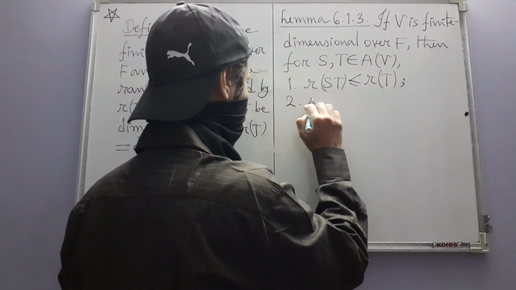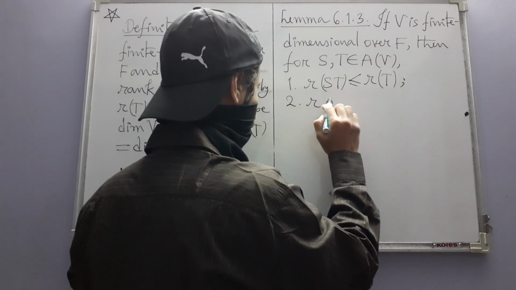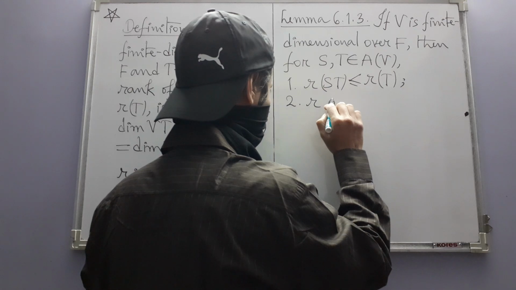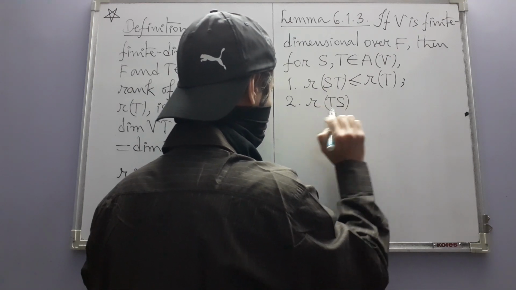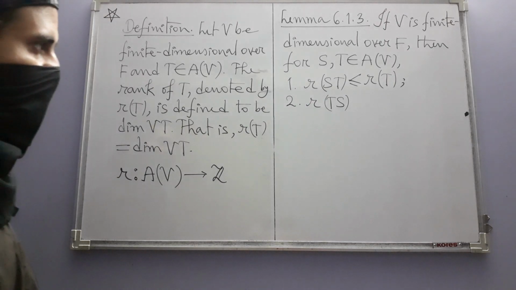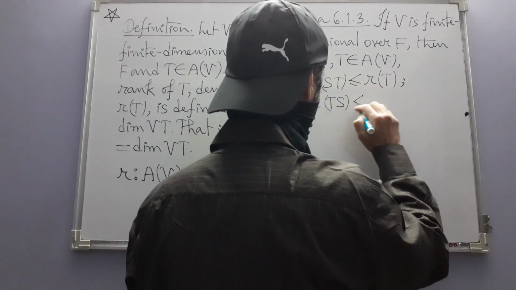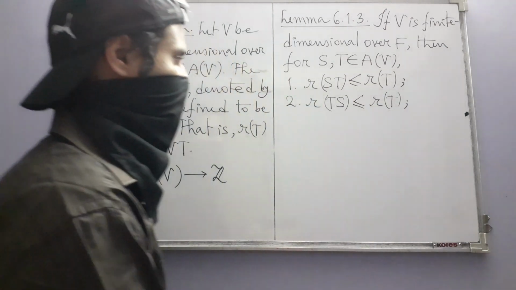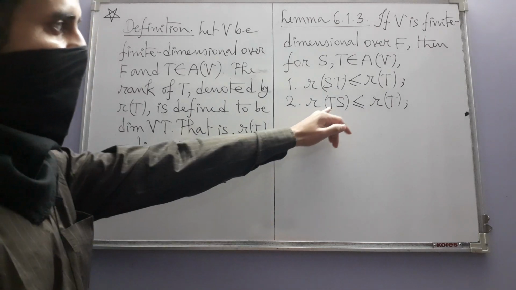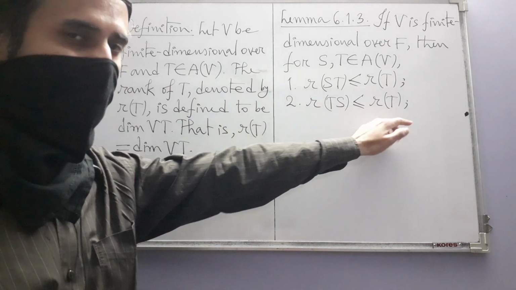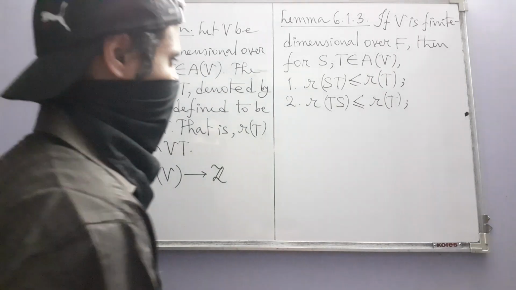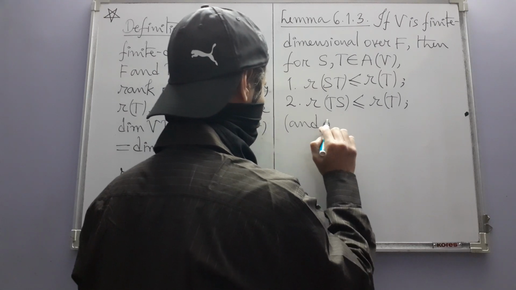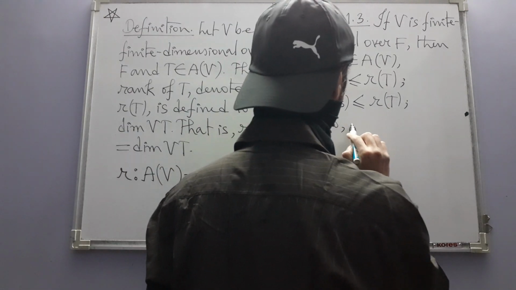Then number 2, the rank of TS has been instead given like this. Rank of TS is also less than or equal to the rank of T. Well, if you write ST here, you should write S here, but let me just write whatever is there in the text. And so, combining these two things, we also get this.